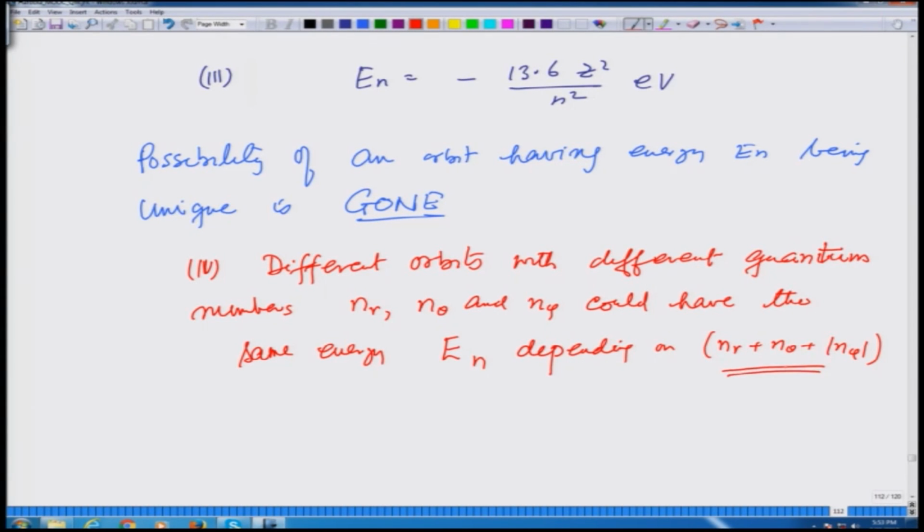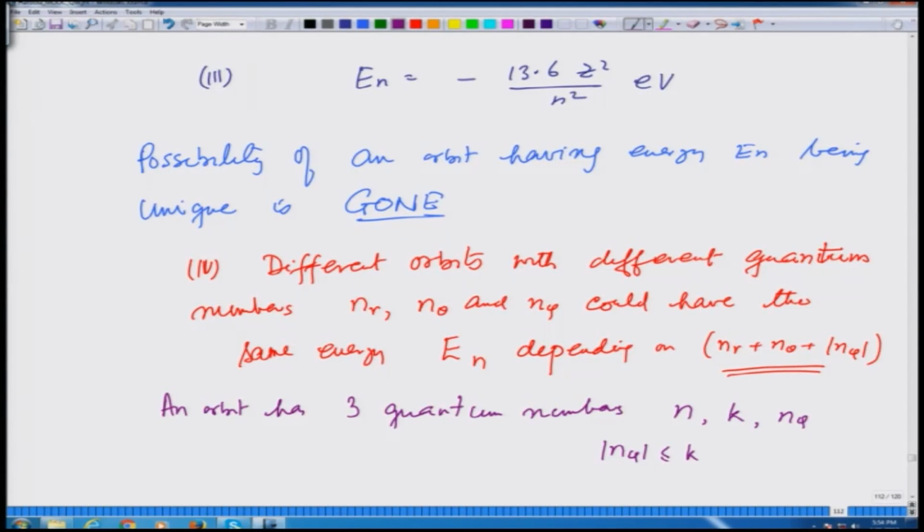So, this gives that an orbit has 3 numbers, which I could write as n, which is the same as n r plus n theta plus n phi, k, which gives the total angular momentum, and n phi, with mod n phi being less than or equal to k.